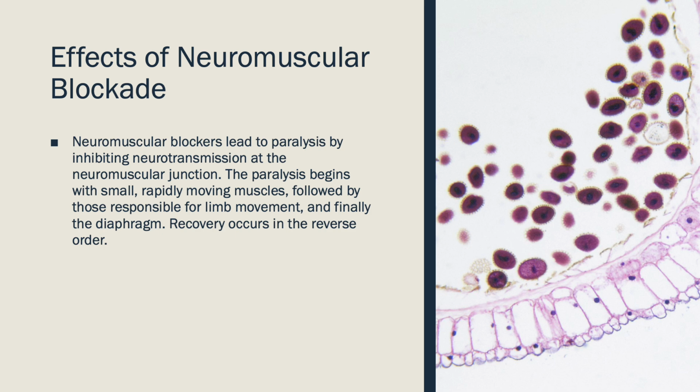Now, recovery from blockade occurs in the reverse order, with the diaphragm actually recovering first. Then you have limb muscles, and finally smaller facial muscles. You have to carefully monitor this recovery process to ensure that patients are able to breathe independently before we extubate them. And we use techniques like the train of 4 stimulation to assess the degree of blockade and ensure safe recovery, and ensure that we are actively monitoring our patients, because this helps prevent complications from residual neuromuscular blockade.